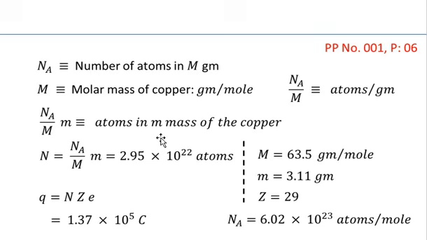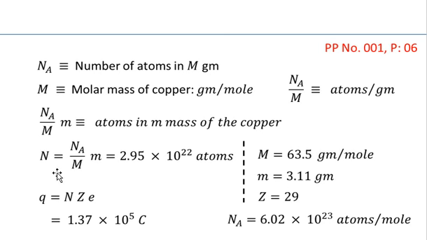The mass of the copper is small m. So you see that Na over capital M multiplied by m will give you the number of atoms in the m mass of the copper.